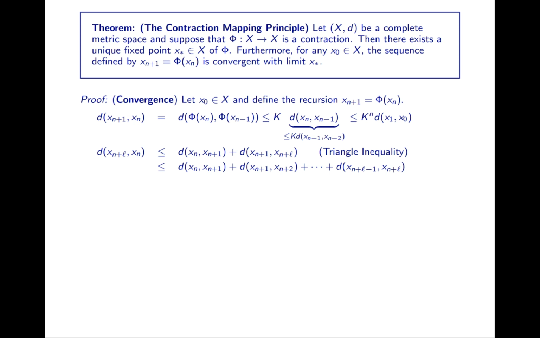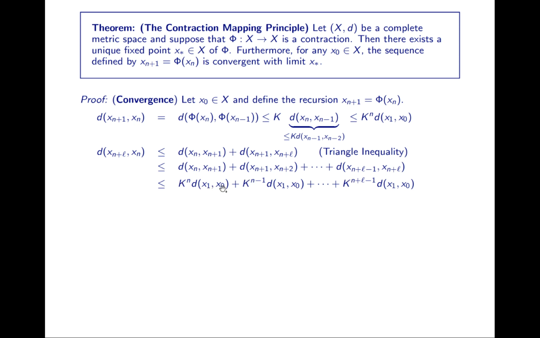Well, applying the triangle inequality repeatedly, I could detour to every iterate between xn and xn plus L. And because these distances are between successive iterates, we can bound them using this result here. And so that's what we have there.